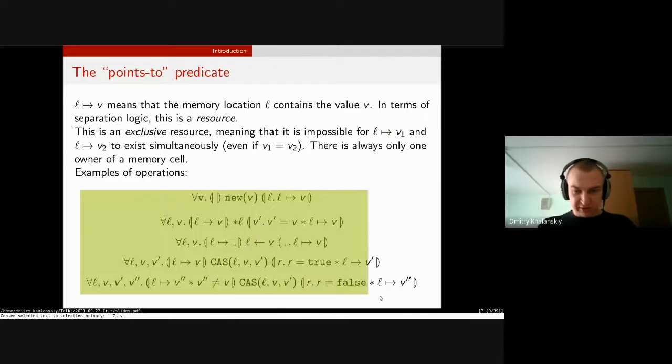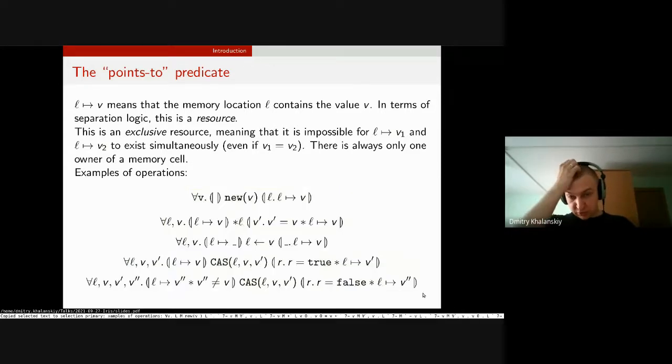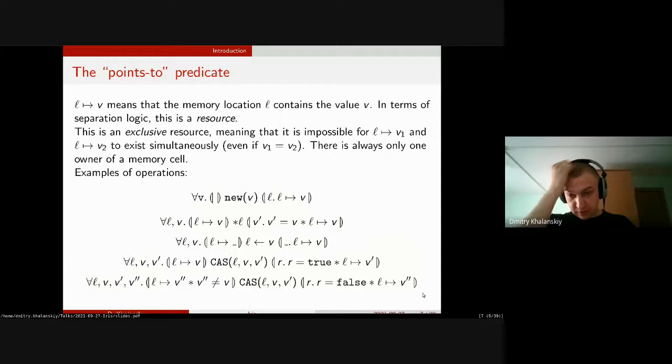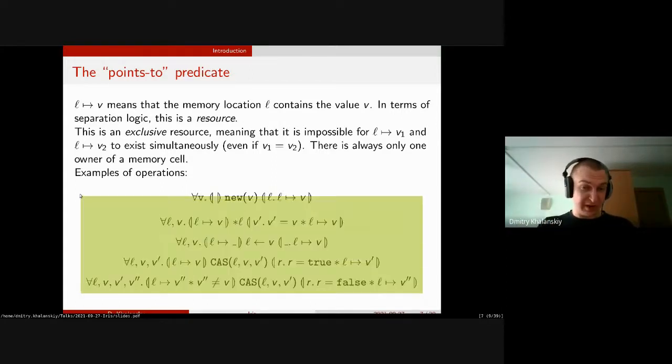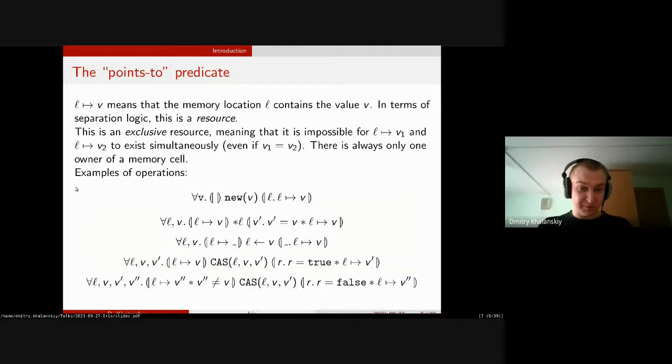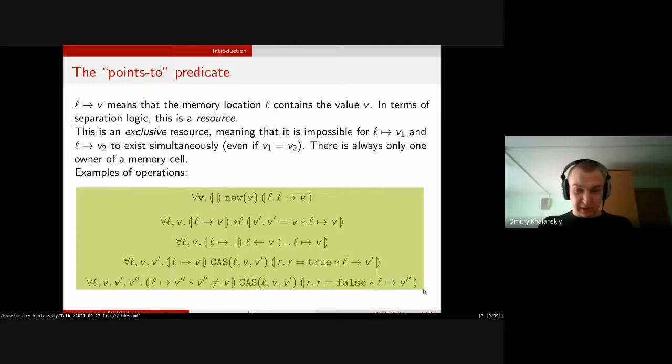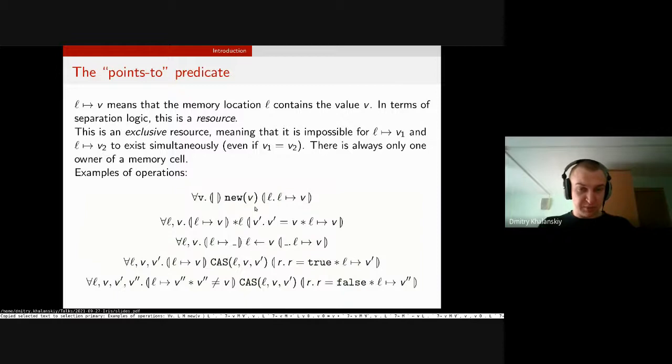And here, just to eradicate any possibility of confusion with the syntax, are some operations that can be done on memory locations in terms of their specifications as Hoare triples.